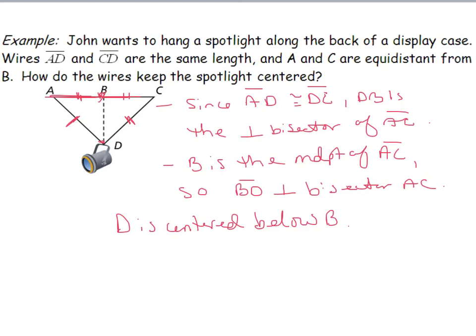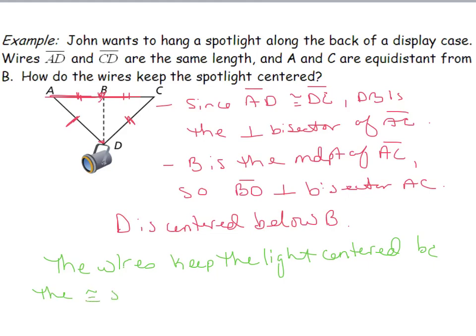So the wires, let me go back to green. The wires keep the light centered because the congruent sides make BD perpendicular to AC.